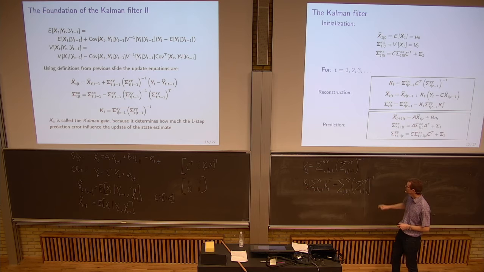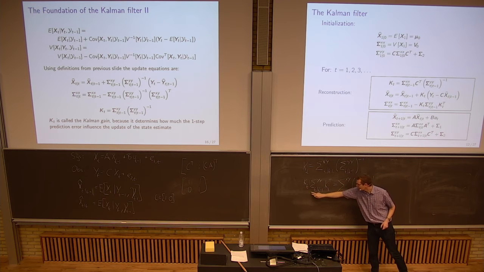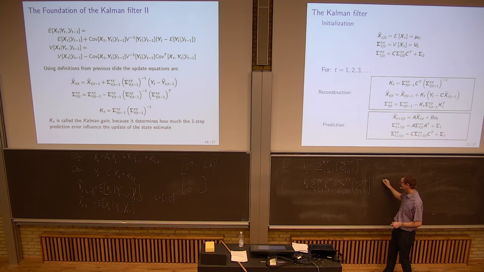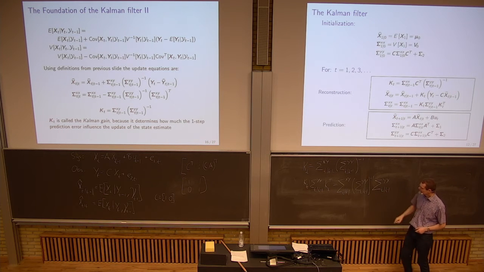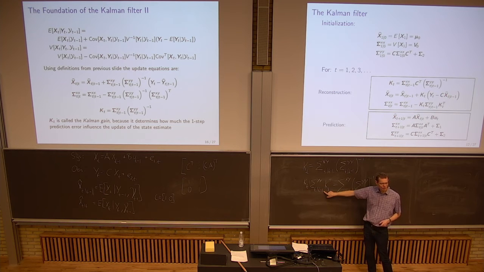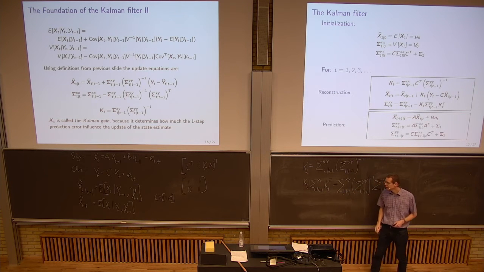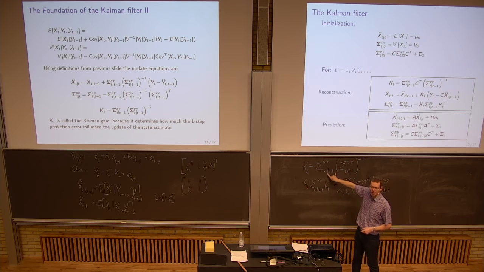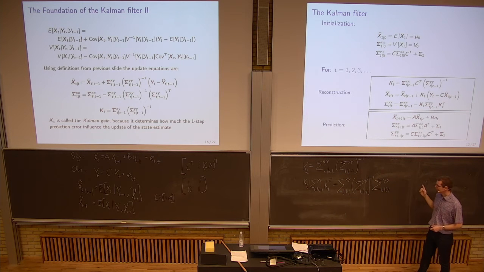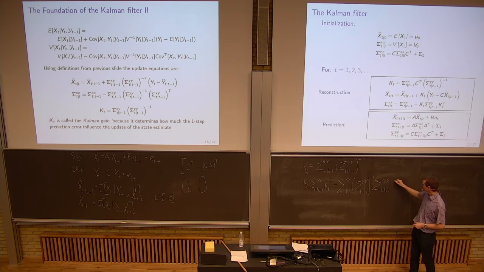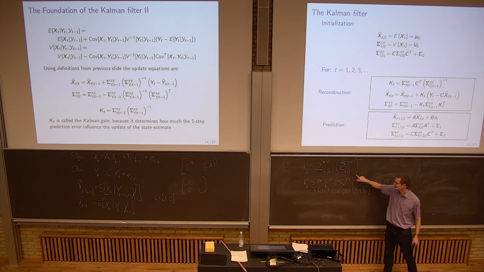That was the Kalman gain. Now we need sigma_yy, t given t minus 1. And then I should post-multiply by the transpose of the Kalman gain, which means that I have to transpose each of the elements and flip the order.